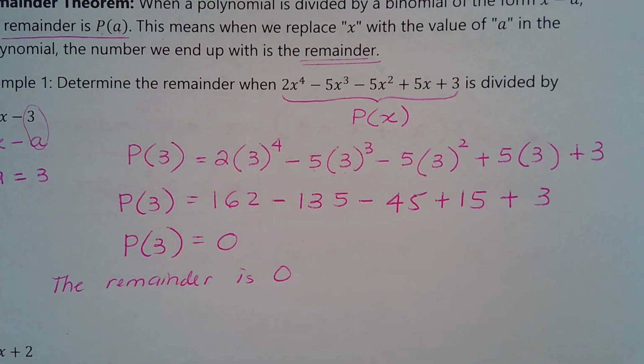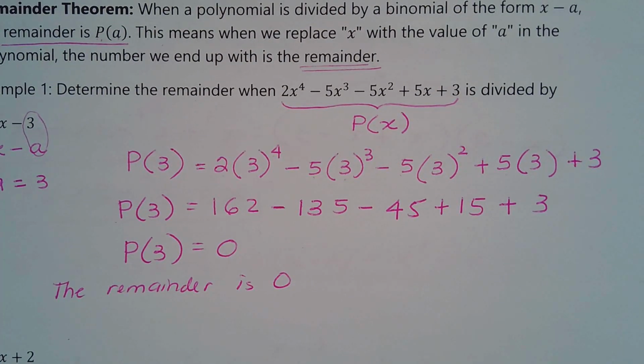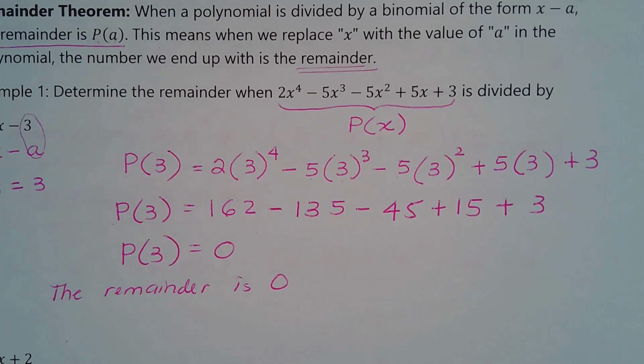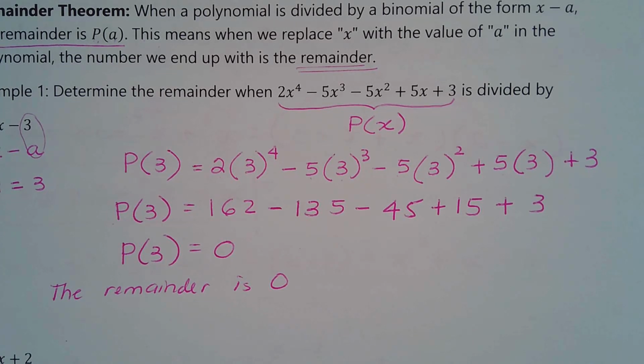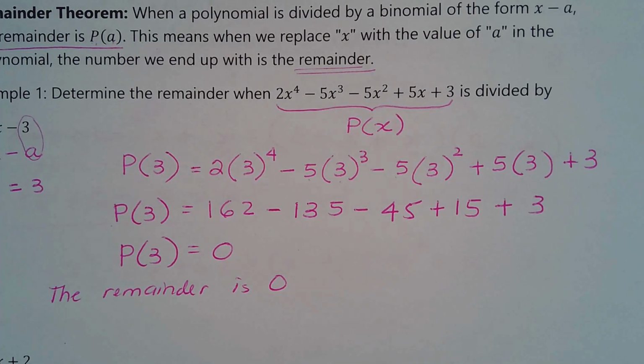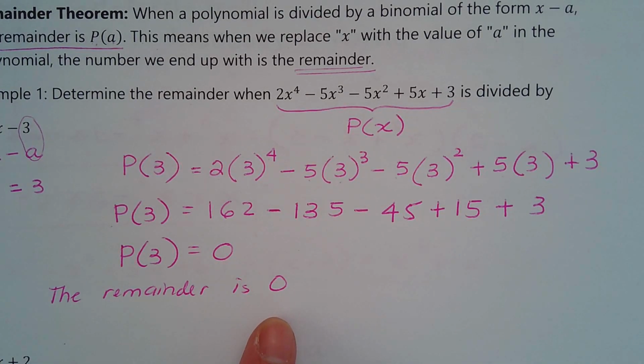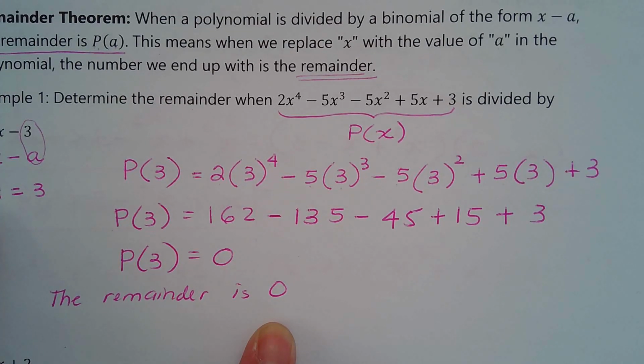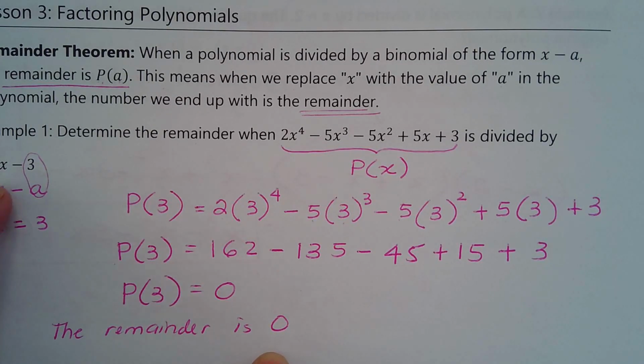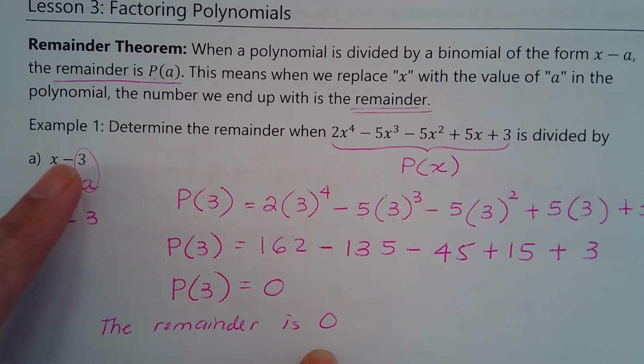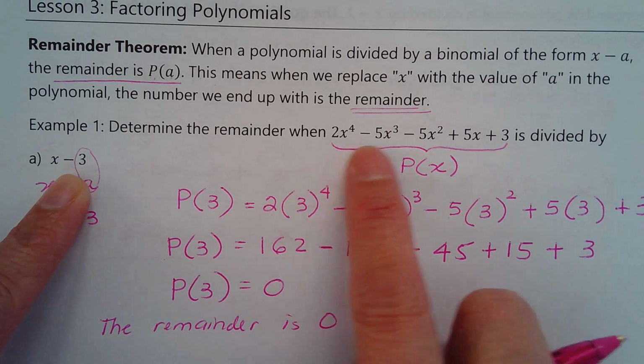Now, what does that mean when the remainder is 0? Hassan said, since the remainder is 0, then that means this is a factor of that.